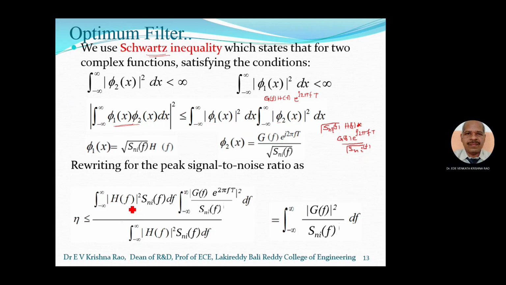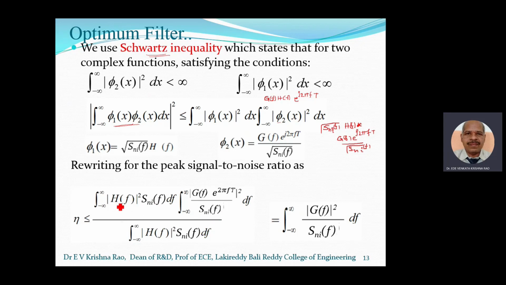The squared magnitude is less than or equal to the squared magnitude of this, so the square of phi 1 becomes Sni of f, and this is also Sni of f in the denominator.